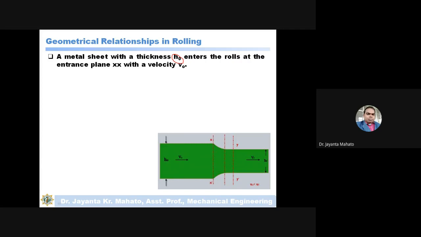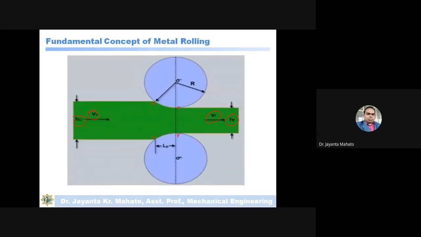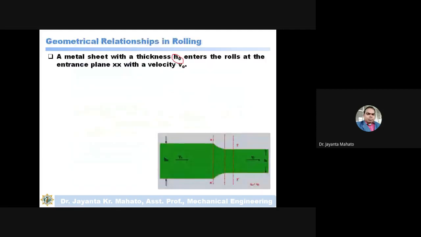This is the entrance plane XX, where the material starts, and this is the exit plane. At the entrance plane the velocity is V naught, and after passing, at the exit plane YY, the velocity is VR and the height is HR.